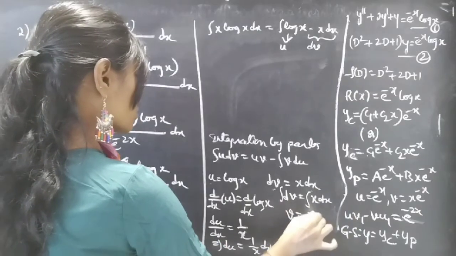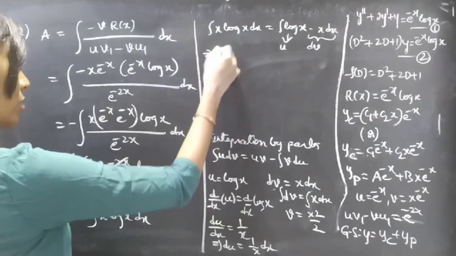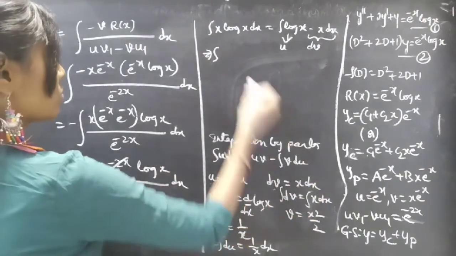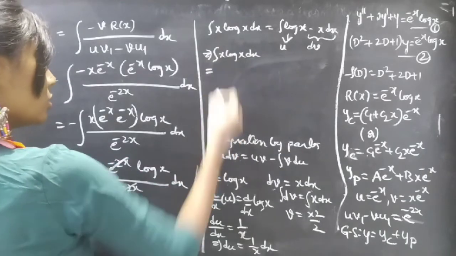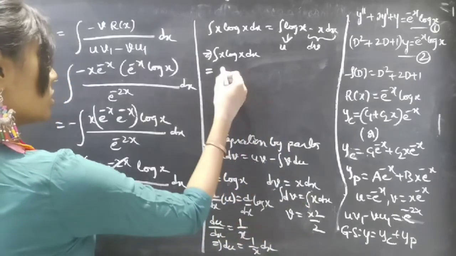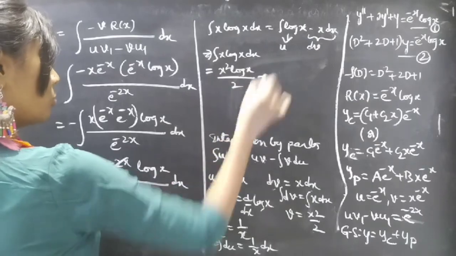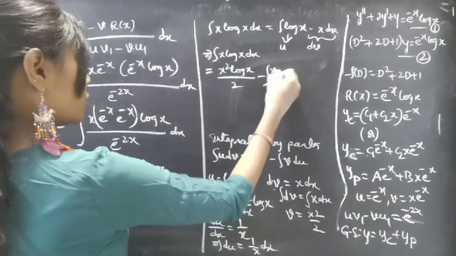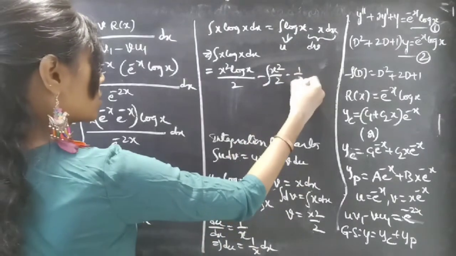We'll get v equal to x square by 2. Now apply this formula. We'll get integral u dv, log x into x dx, which is x log x dx, equal to u into v, log x into x square by 2, which is x square log x by 2, minus integral v, x square by 2, into du. Du is 1 by x dx.